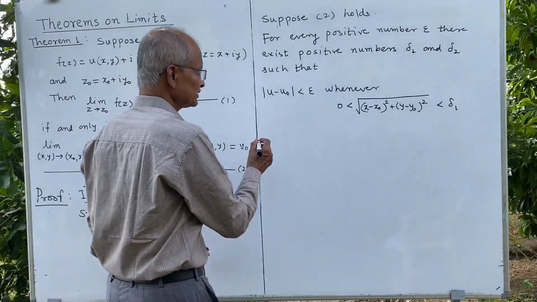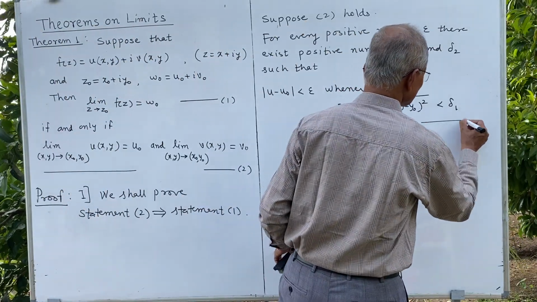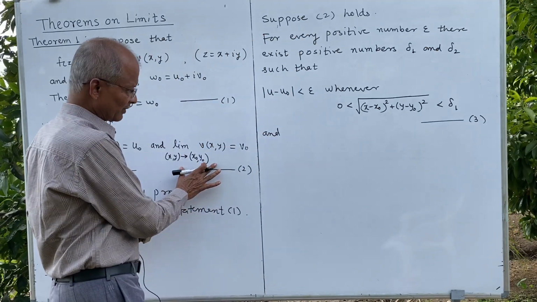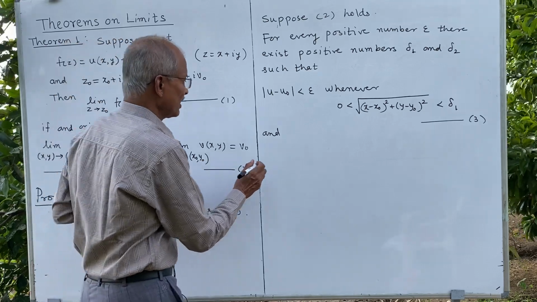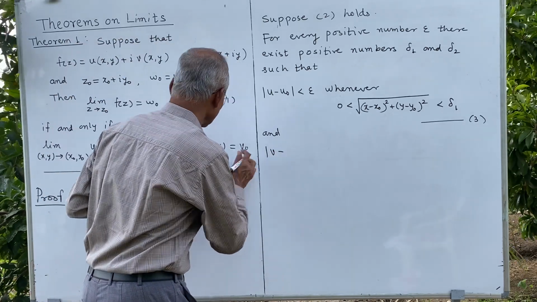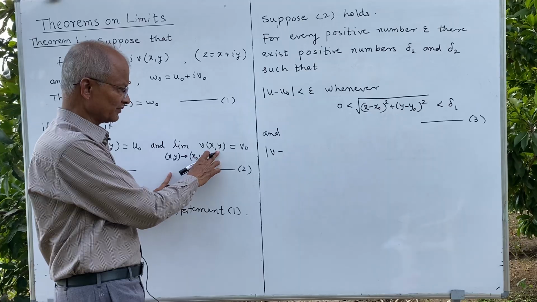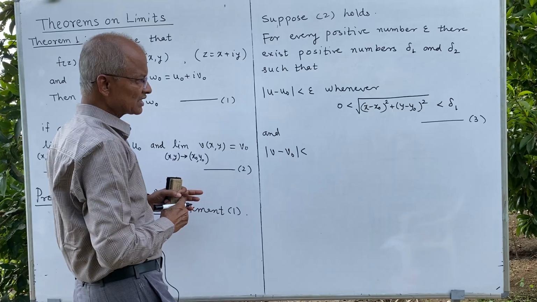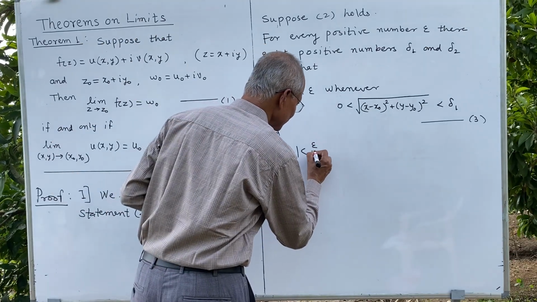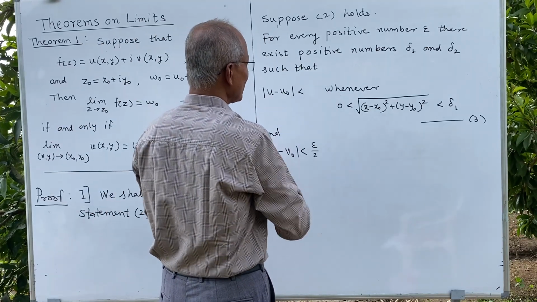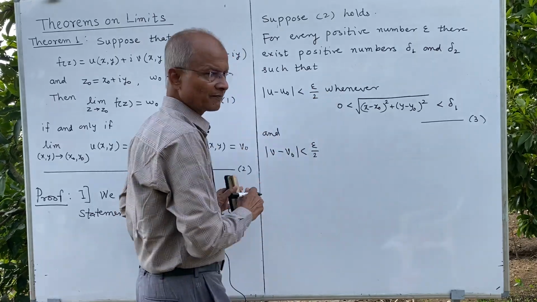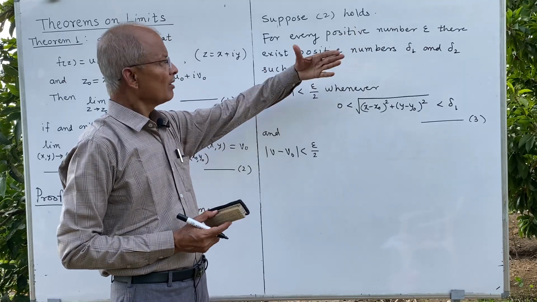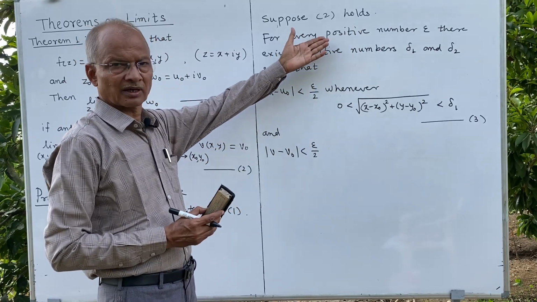And the second, now we shall suppose this as a third statement, and for the application of the definition for this limit, the absolute difference of v, where v of x comma y is written in short as v, and v naught, that is v minus v naught, is less than, and instead of epsilon we may consider epsilon by 2 here also. Why is this so? Epsilon is arbitrary, a positive number that can be taken at our choice.